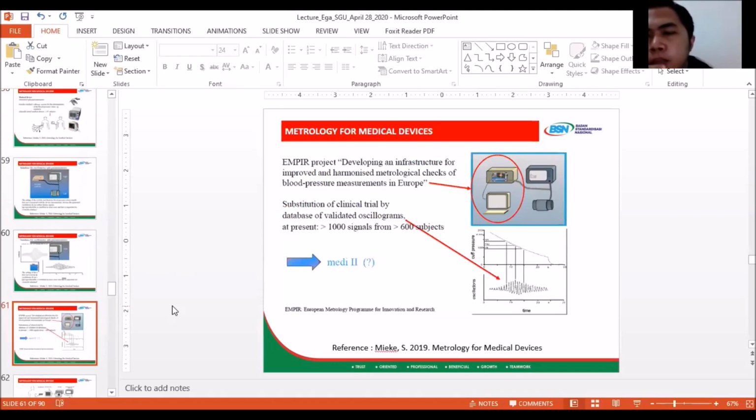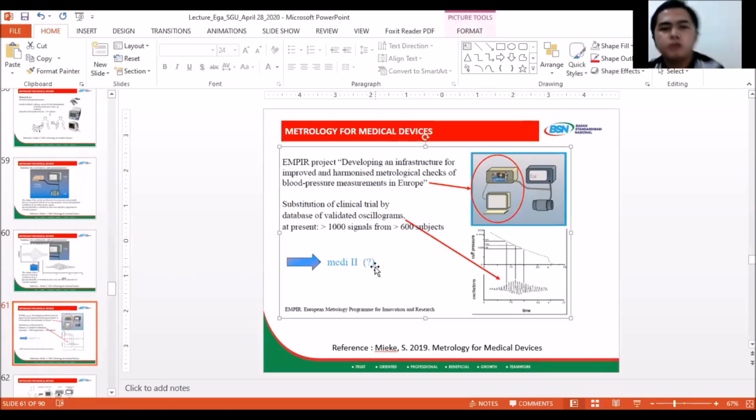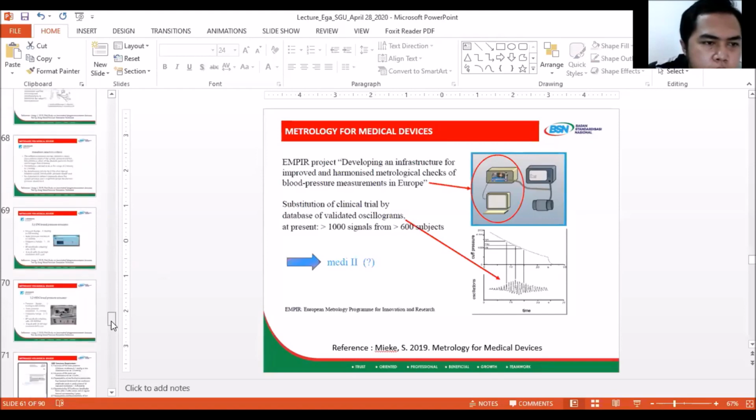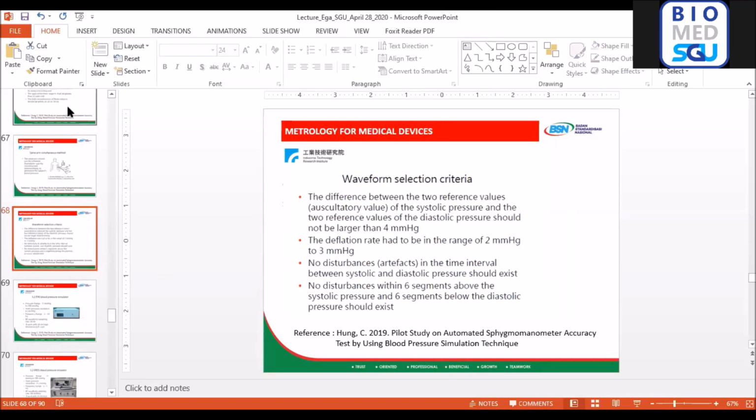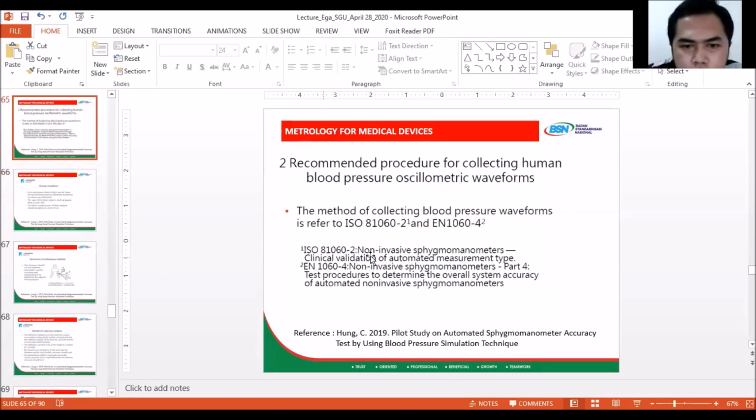Okay. Please remind me if I answer the question wrong. For the first question, is there any scientific research? Well, for the clinical trials number, we are referring to ISO 80601-2.